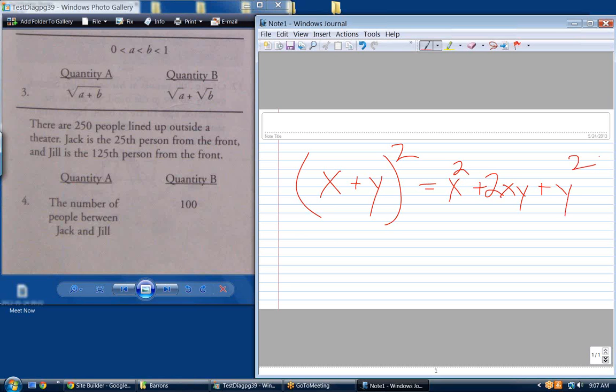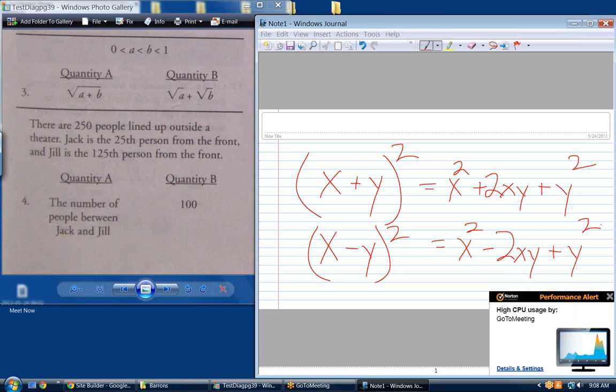That's worth memorizing, as well as this, because you don't want to have to FOIL this every time. And this is another one of those things where it's presented to you so frequently, and sometimes in backwards mode, that it's worth knowing this. In other words, sometimes they'll give it to you.